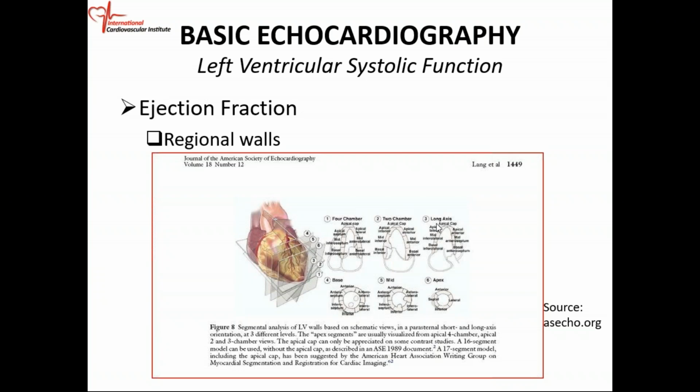So you can divide the heart into segments, and you have to know the segments. You have to sit down and draw it and label it, and you have to do it accurately, because your further work in echo demands that you completely master this. Okay, so we're going to stop at regional walls, and on Tuesday we're going to finish up.